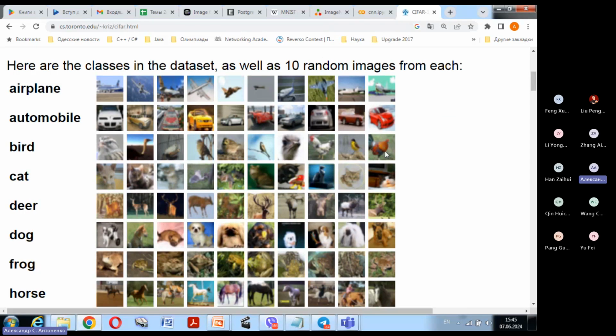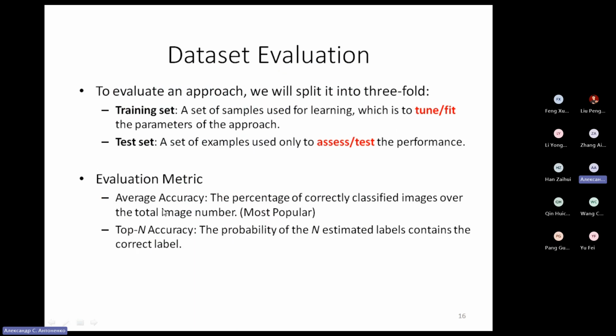So when we take some image, the answer of our model will be, for example, automobile with probability 80%, airplane with probability 5%, dog with probability 4%, etc. So each algorithm actually says not one label, but gives a bunch of labels, ranked from higher probability to lower probability.